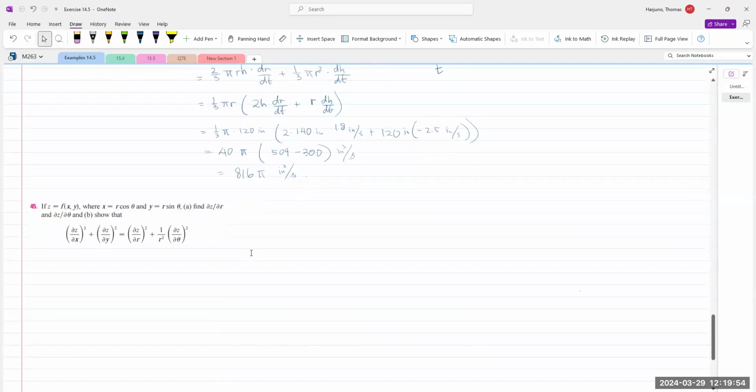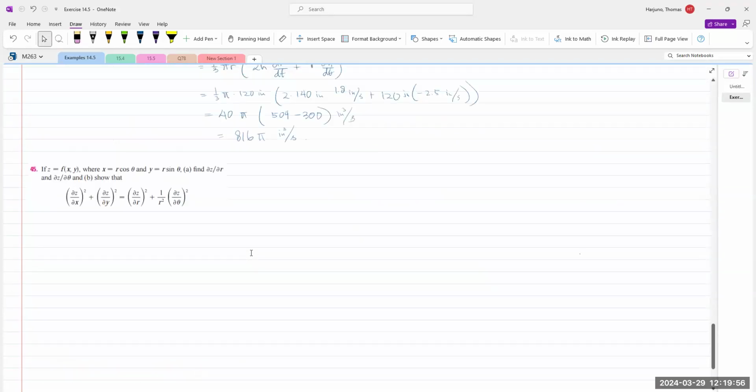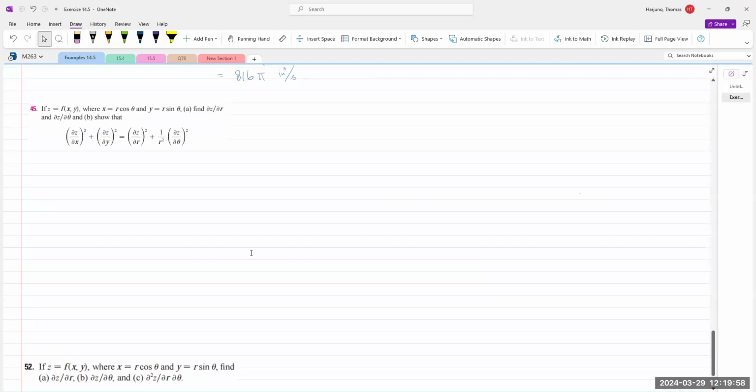That's for number 38. Let's see number 46. I want to go over this. This is an odd number, as you can see, but I want to go over this especially because it has something to do with what we have later on when we do surface area. Notice that z is a function of x and y, but x and y here are basically polar; we convert that to polar.